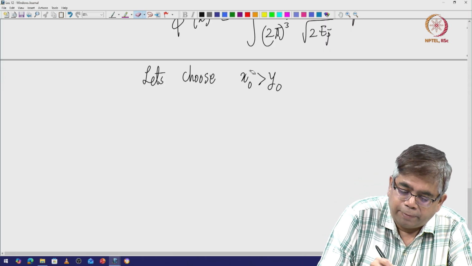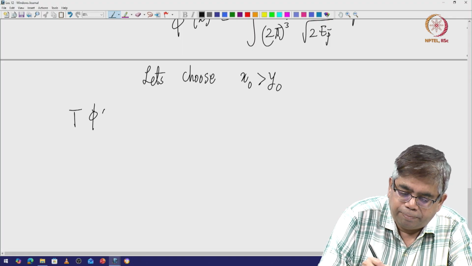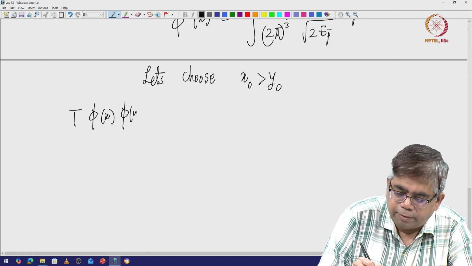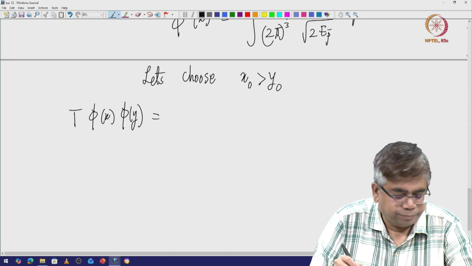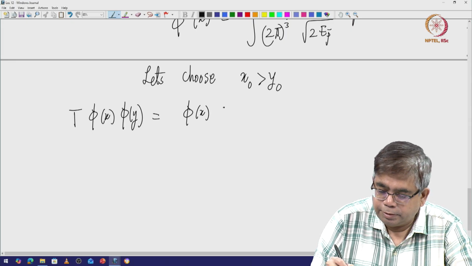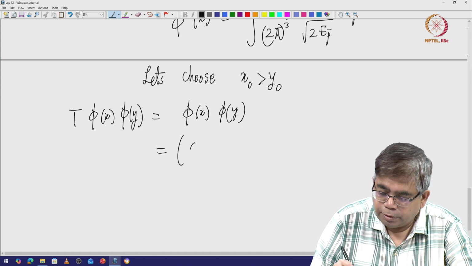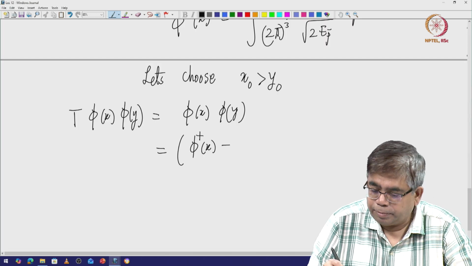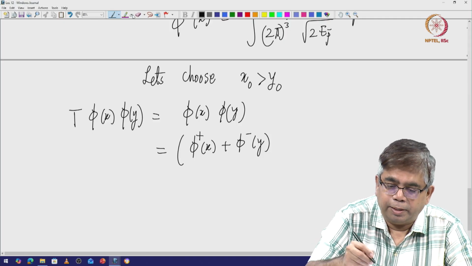Then let's calculate the time ordered product T phi of x phi of y. So that is phi of x phi of y, which is equal to phi plus of x plus phi minus of y. Oh, okay, I made a mistake here.